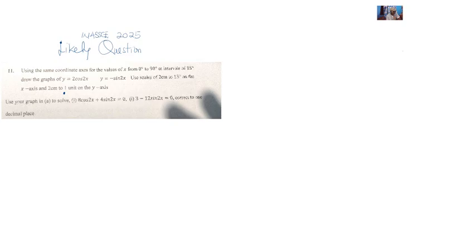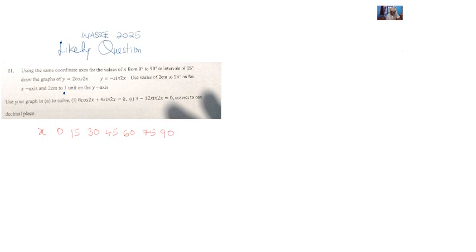So we have x: 0, and the interval is 15, so the next one is 15, then 30, 45, 60, 75, and then 90.